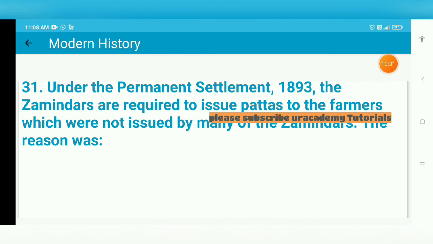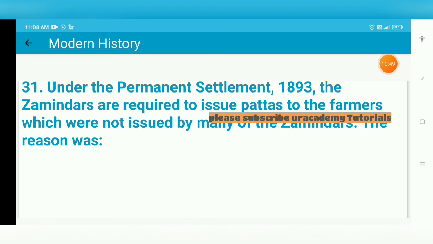So what was this permanent settlement? It was a revenue settlement, known as permanent because it was made forever. There was no renewal date of the settlement in order to bring changes in it.